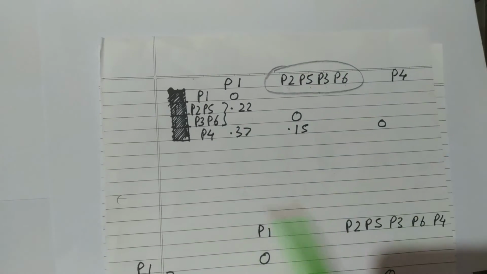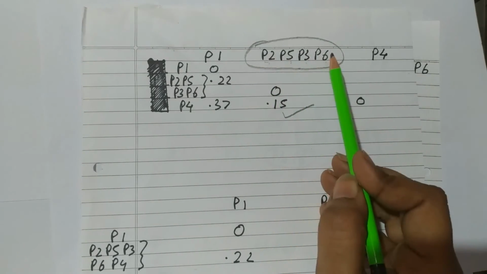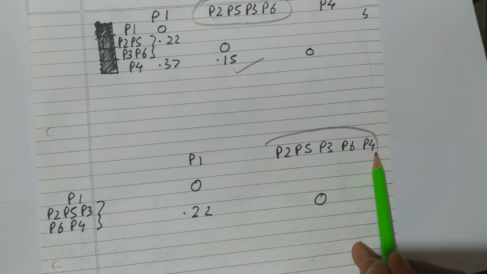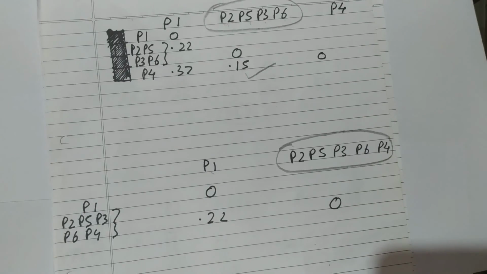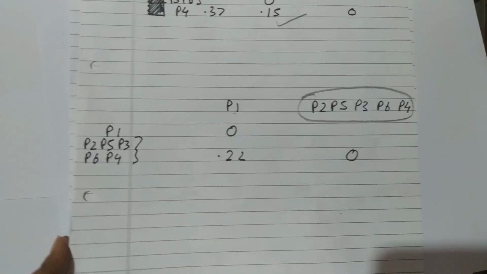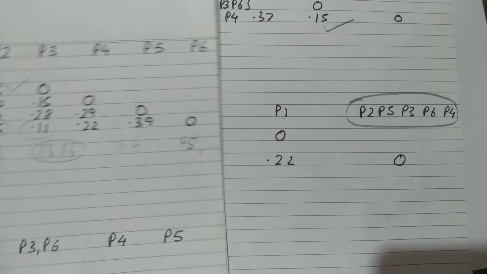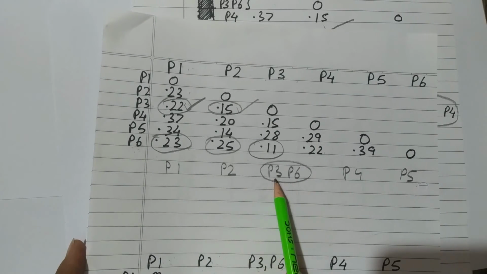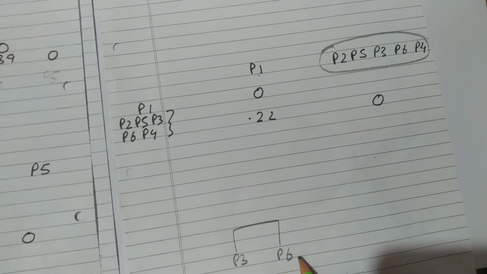After this, again we need to merge points. Which is the smallest distance? This. So we merge P2, P5, P3, P6 with P4. Now look here. This is the new cluster formed. Now the last point left will again be merged. So how do we draw the dendrogram? First we merged 2 points, P3 and P6.